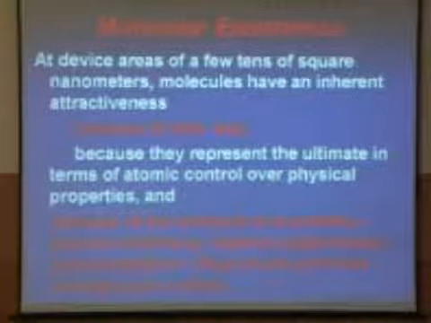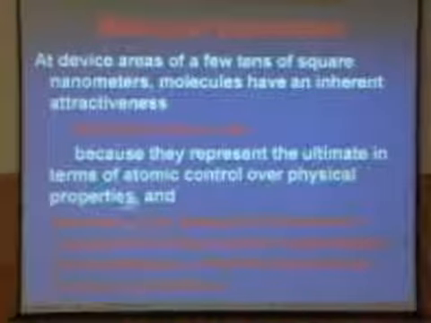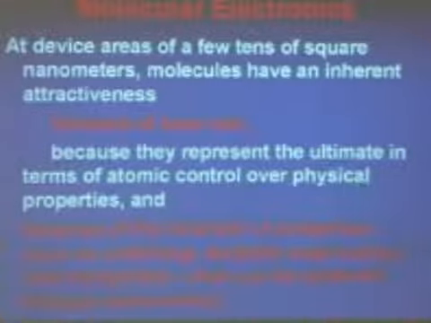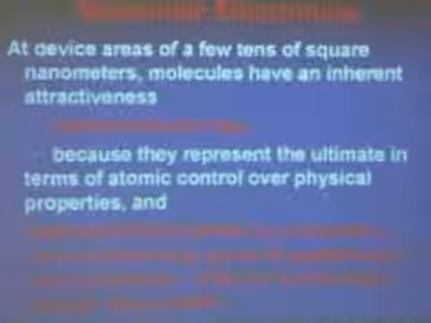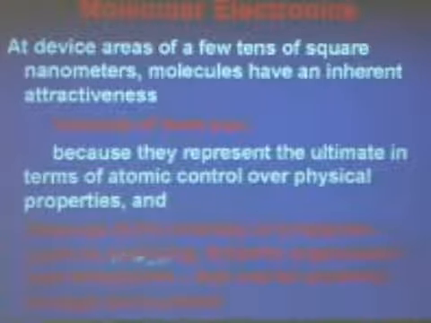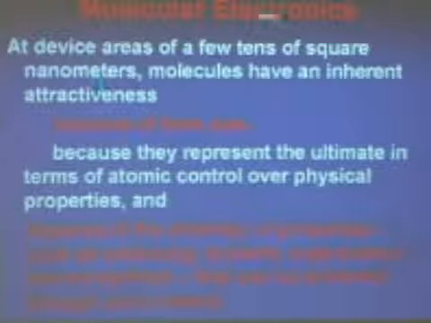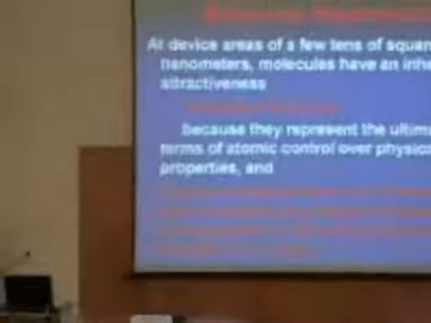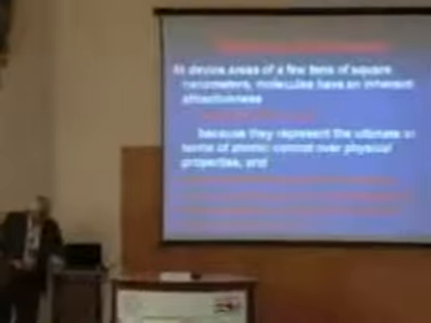We can precisely control the properties, and we also have diversity. We have lots and lots of molecules, picking up properties such as switching, dynamic organization, and recognition that can be achieved through such control. These are three key things to justify the use of molecules in fabricating device elements.